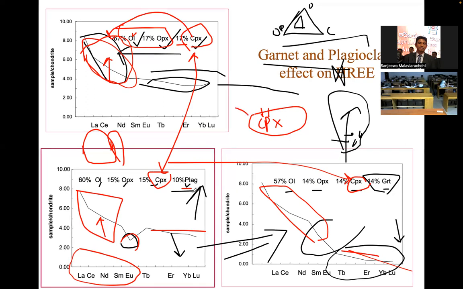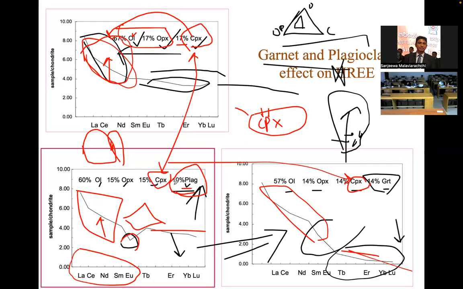For example, in this rock, if you had plagioclase more than 15%, this negative anomaly, although it appeared when you formed the rock, might not be there because you have an abundant amount of plagioclase in your melt also, so that it will convert into a positive anomaly. Okay, that is also possible. That is another aspect that you have to think of.